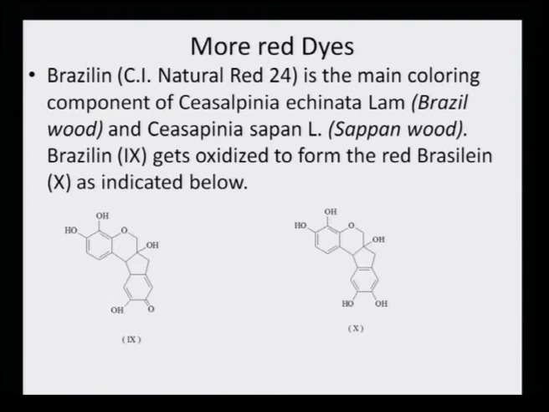It is, as the name suggests, these wood varieties must be available only there, and that is why the common name Brazil wood, and Caesalpinia sappan wood or sappan wood. These two have very similar structure, Brazilian, as shown in the figure, and that gets oxidized to red Brazilian as indicated.